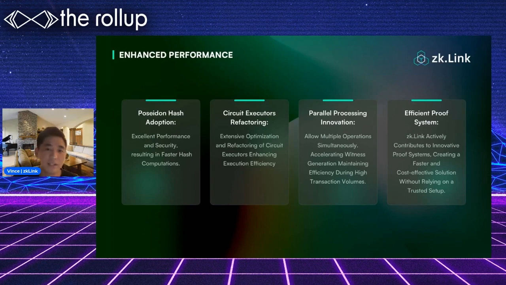We're actively contributing to the Nova implementation because we're still early. There's still a lot of work to be done there. We will open source our work once it's ready.